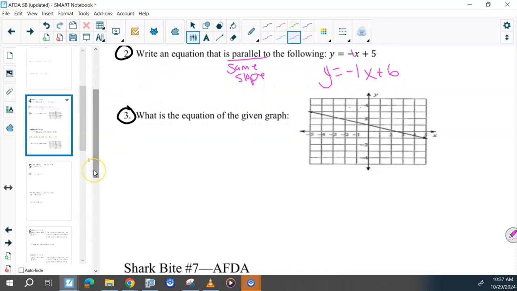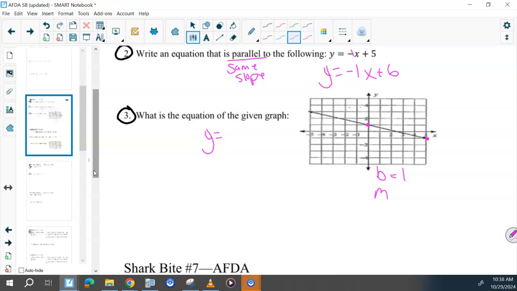All right, for number 3, we're looking for the equation of this graph. So we're going to write the y equals mx plus b of this. So I see that this crosses the y-axis at 1. My slope of this line, I'm going to find another point that crosses the grid lines exactly. So 2 looks like it, but it's a little above, so not there. 3 is a little below, but at 5, negative 1, it looks like that crosses.